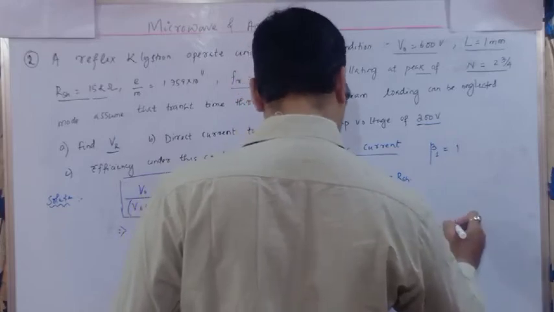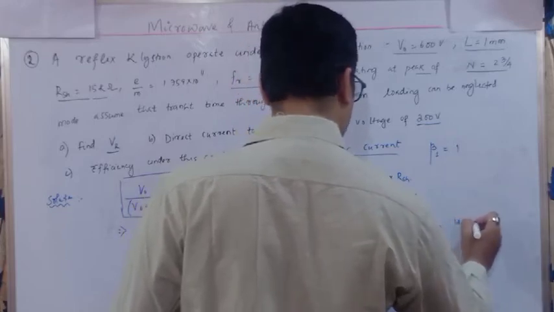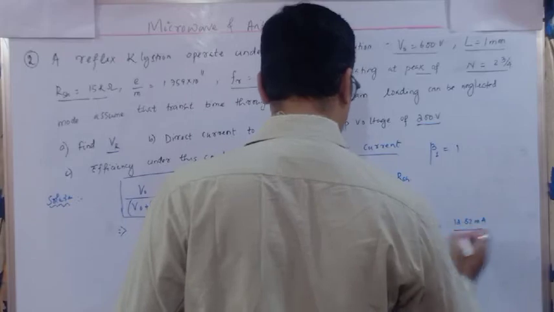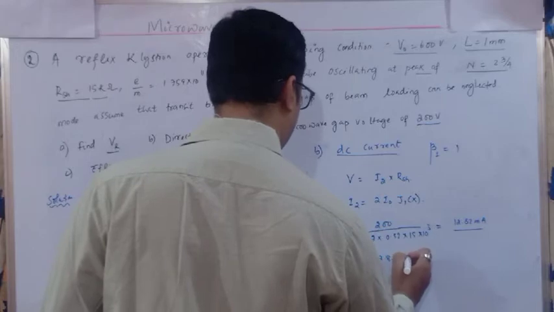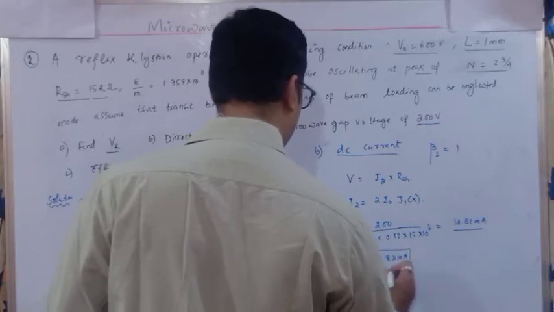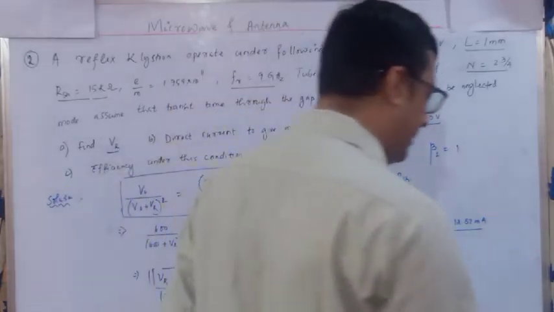I naught is equal to 12.82 milliampere. So this is the DC current, 12.82 milliampere. Now how have we got this?